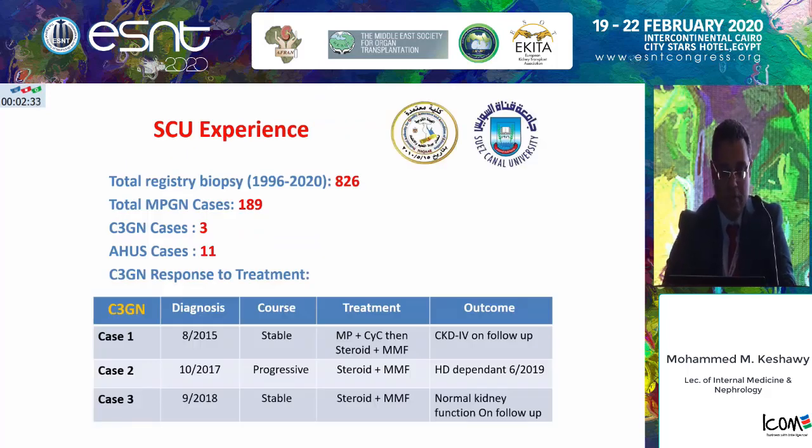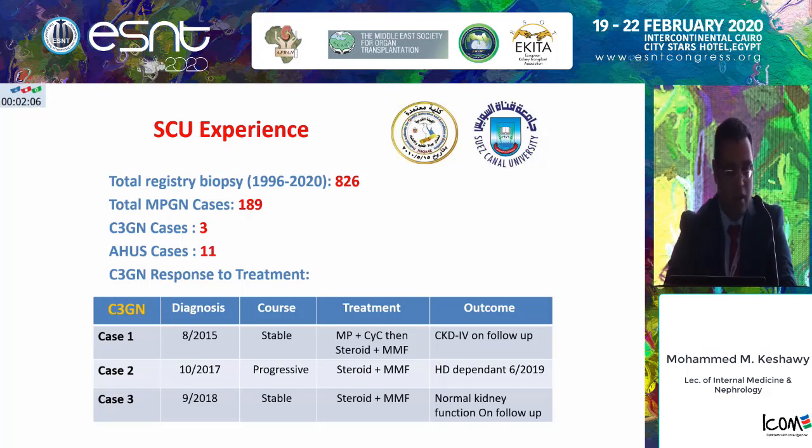In our School of Medicine, our total registry data was 800. We have only 3 confirmed cases of C3 glomerulopathy. The first case, diagnosed in 2015, has a stable course, actually low clearance now. Case 2 was rapidly progressive, and within 1 year it became dialysis dependent.